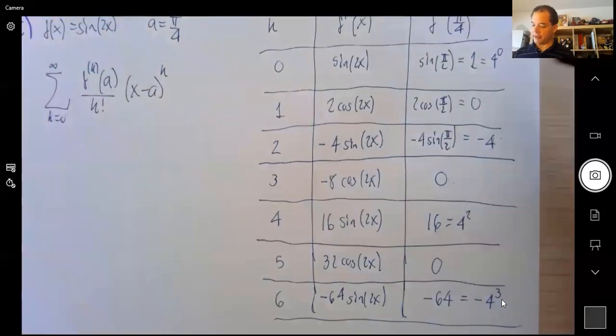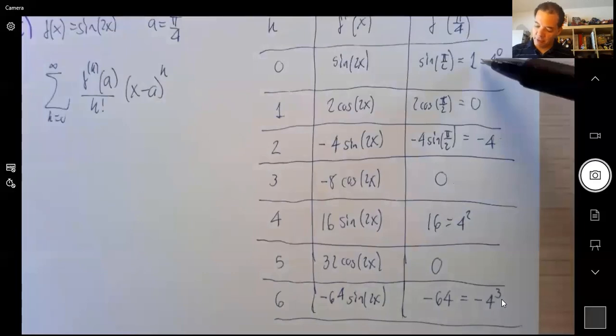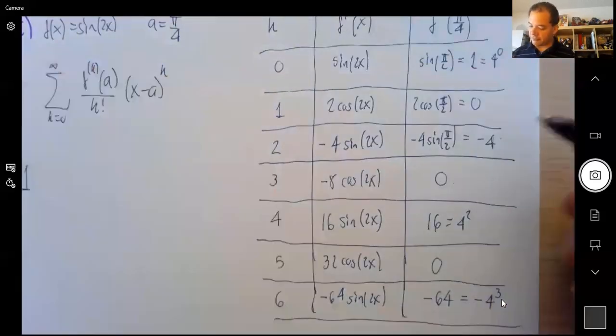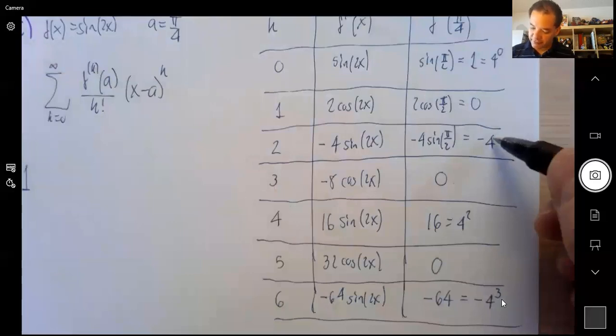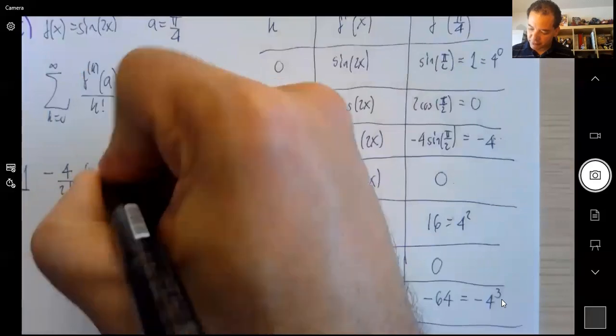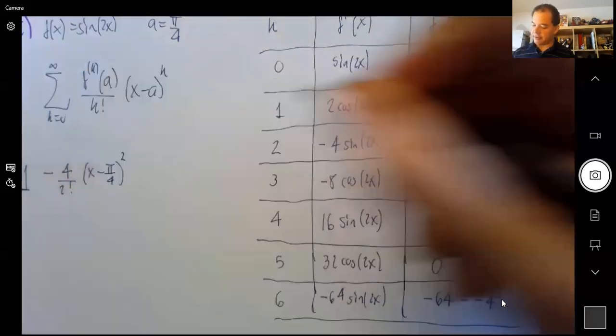The first one was 1. Then the second one is negative 4 over 2 factorial, x minus pi over 4 to the second power. Then the third one is 0.